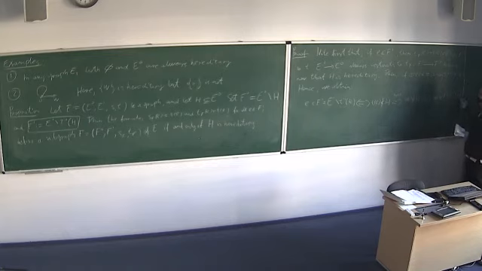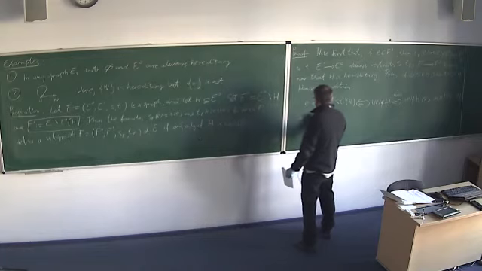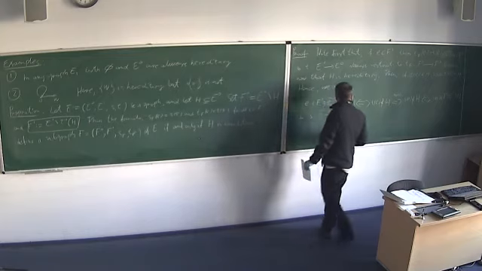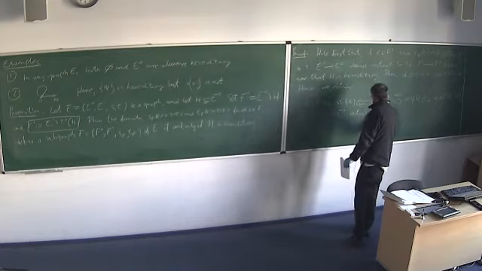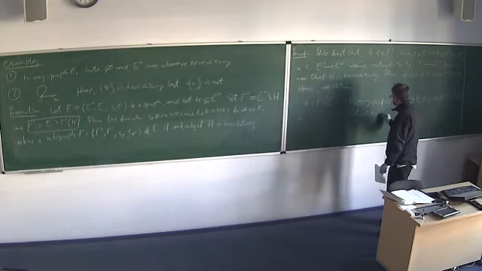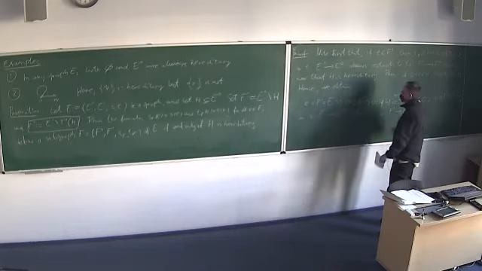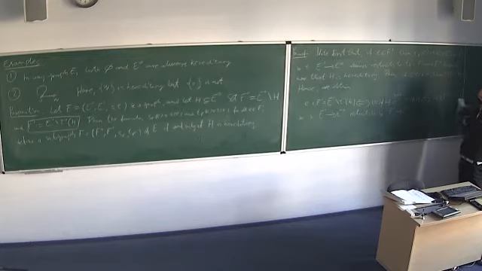So I can conclude that S, which is a map from E1 to E0, restricts to SF, which is a map from F1 to F0. So the whole point is to show that if I take an edge from F1 and I apply S, then I must end up in F0.